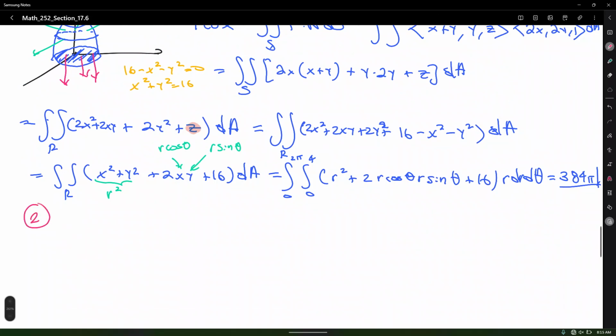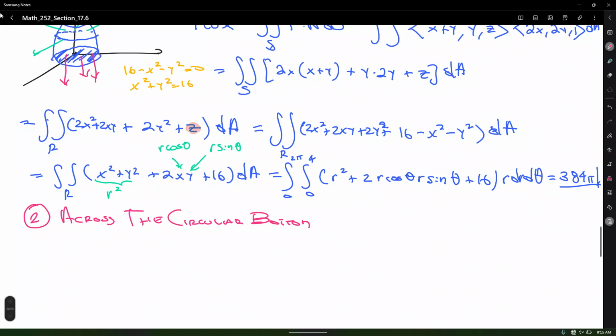So number 2, across the circular bottom. Okay, number 1, what is the surface that describes the circular bottom? Any ideas?